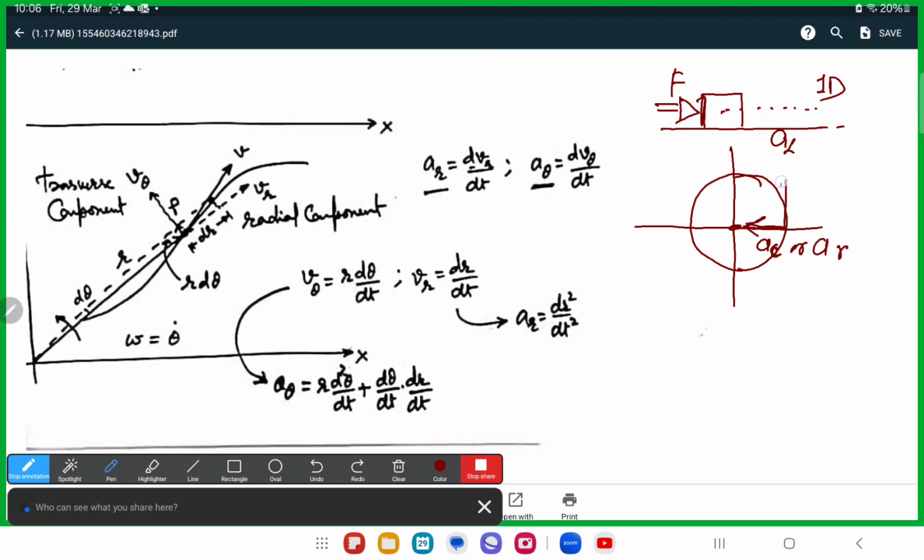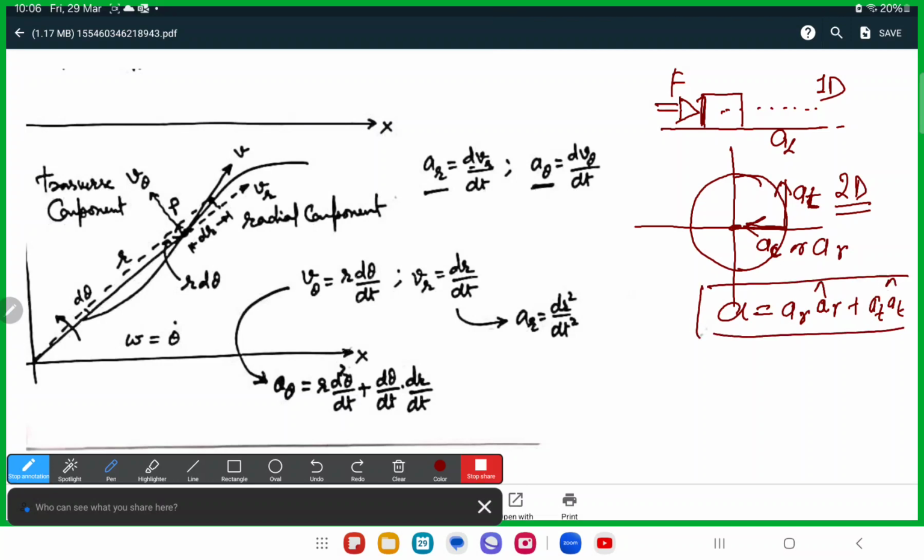The other acts along the circumference, which I have denoted by a_T. That is the example of 2D motion. So here the acceleration will be a radial, denoted by some unit vector, plus a_T unit vector. So these are the two accelerations acting depending upon the motion.